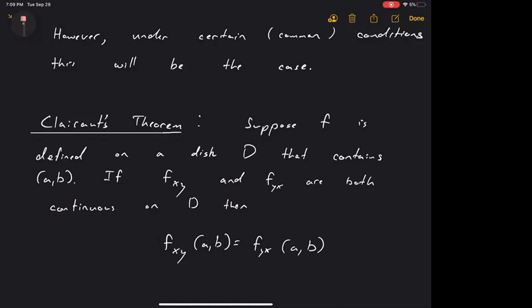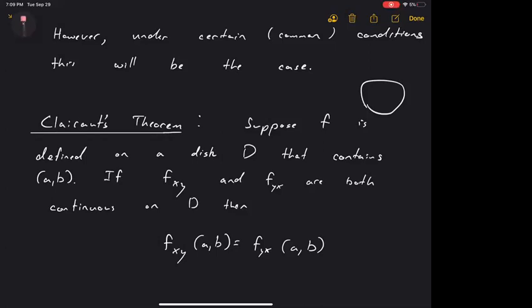What does that mean? It just means that we have the point (a, b), and the area we're working in contains a nice neighborhood of (a, b). So we don't have any weird examples where our point (a, b) is on the boundary of something.